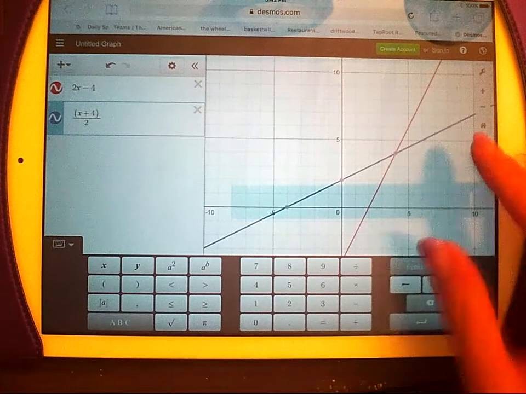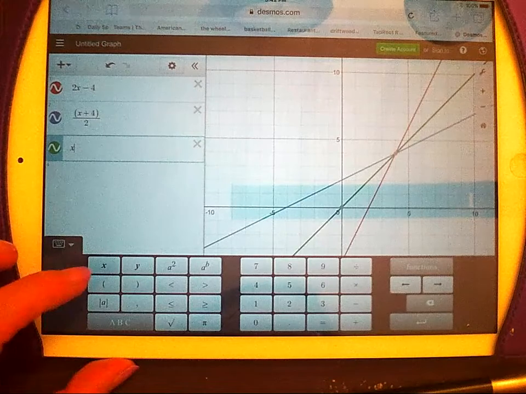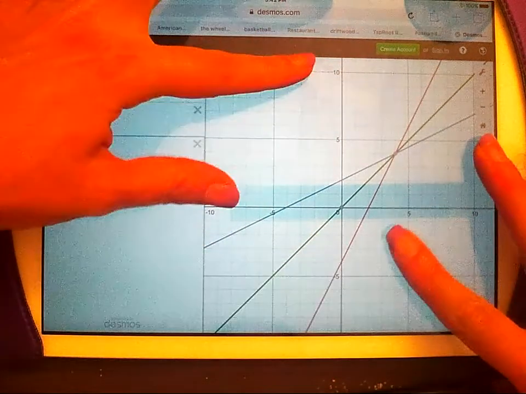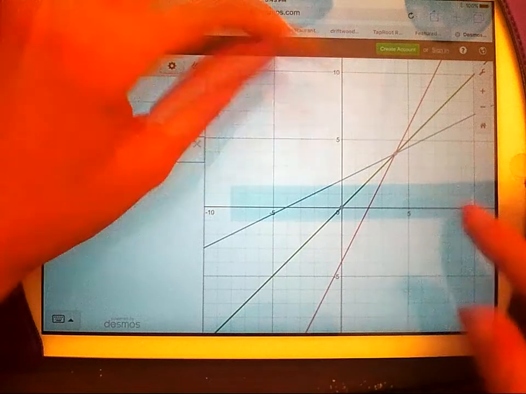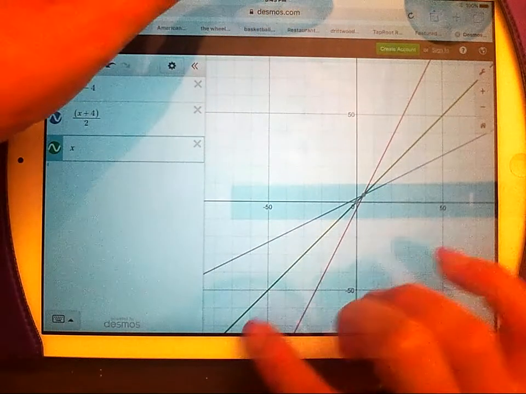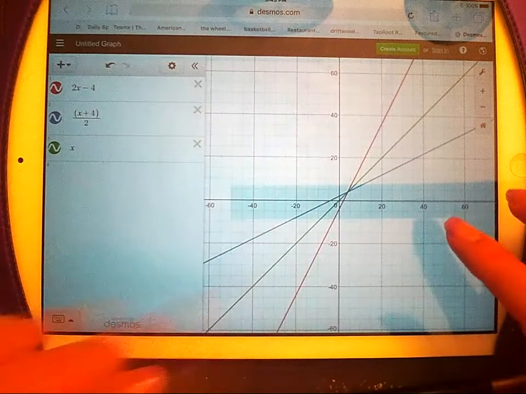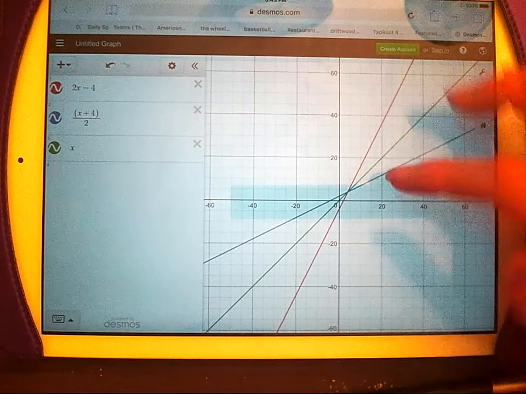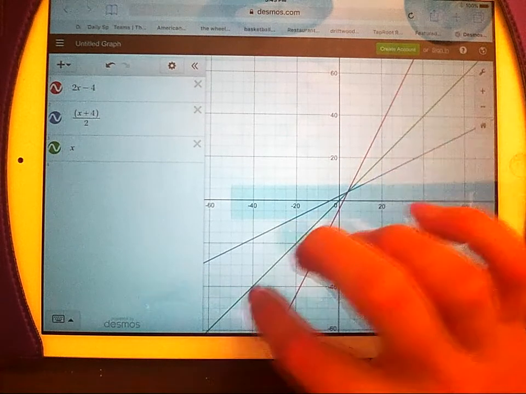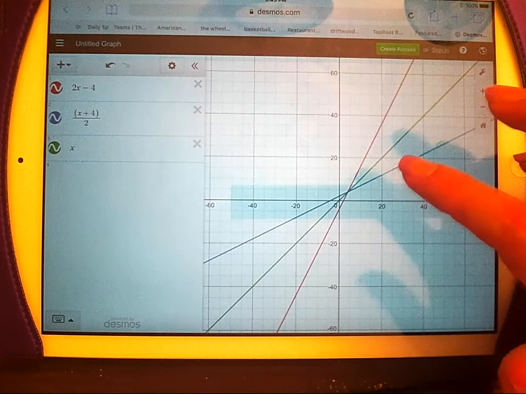So there's our inverse function. Now let's put in the line y equals x. Here's f inverse, and this is the line y equals x. Because it's a flip-flopping of points, I hope you can see that there's a new symmetry here, that the lines f and f inverse are symmetric with respect to the line y equals x.